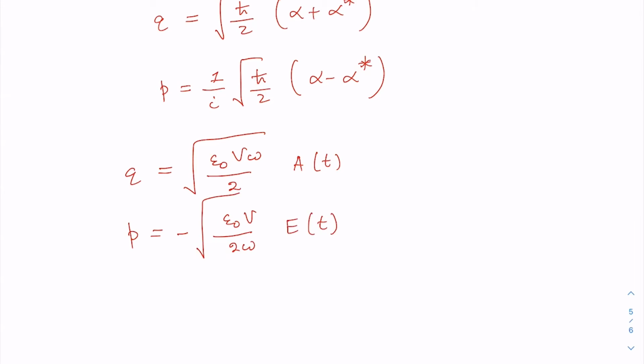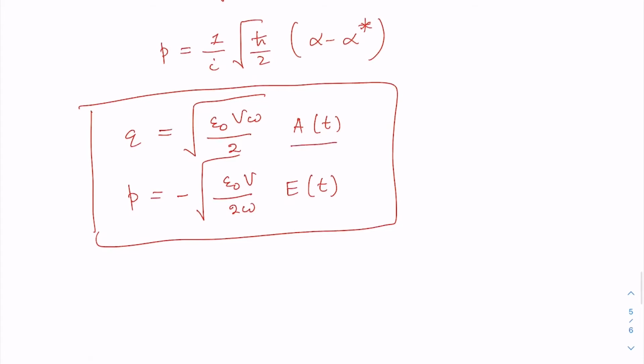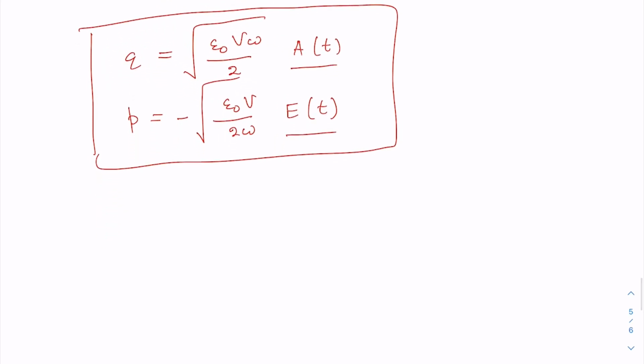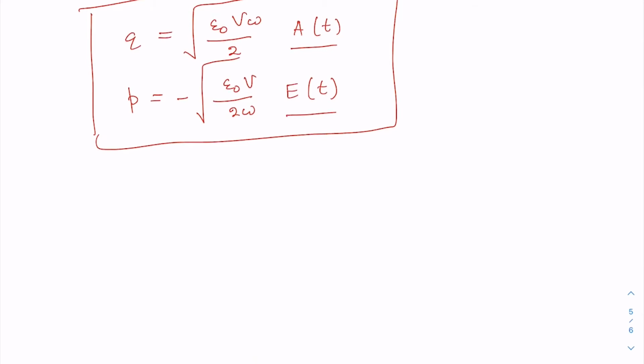So within a normalization factor, a of t and e of t are respectively similar to the position and momentum of a massive harmonic oscillator.